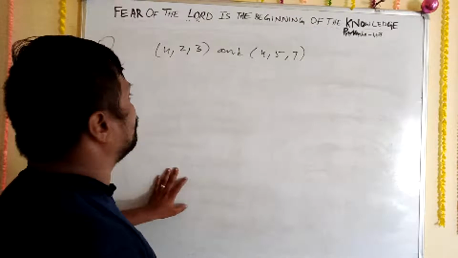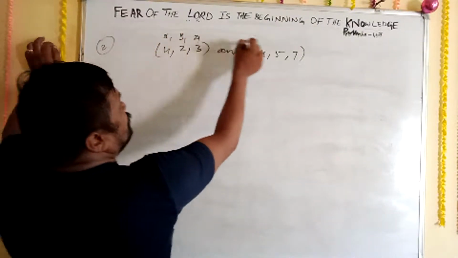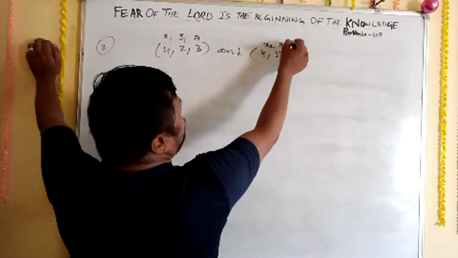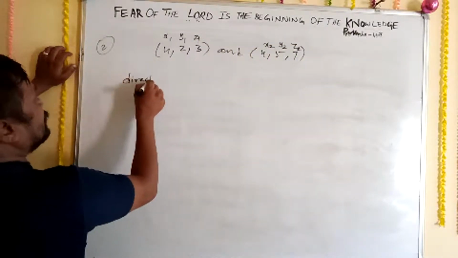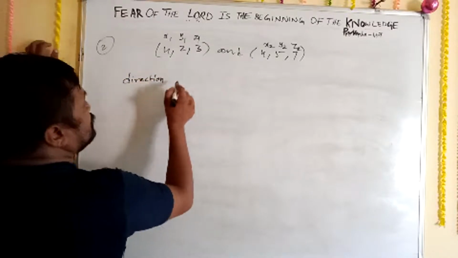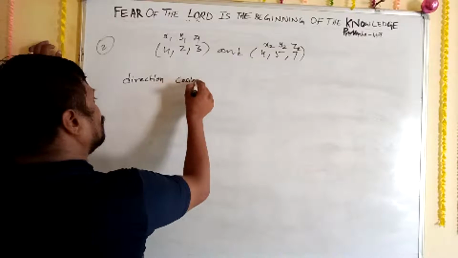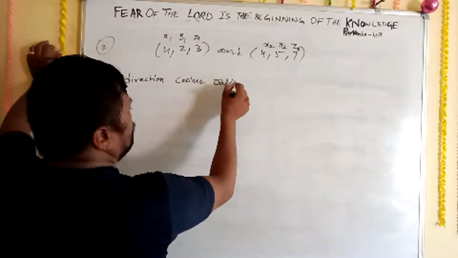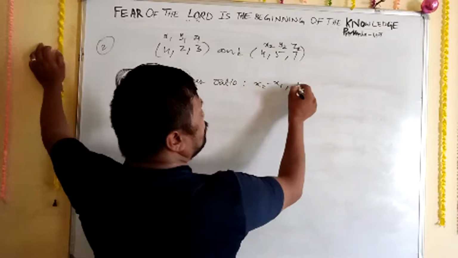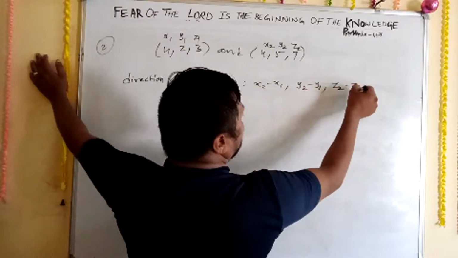Everyone observe carefully now. Take the points x1, y1, z1 and x2, y2, z2. First we will find the direction ratios, which have the formula x2 minus x1, y2 minus y1, z2 minus z1.